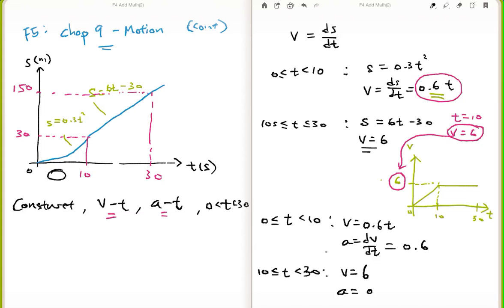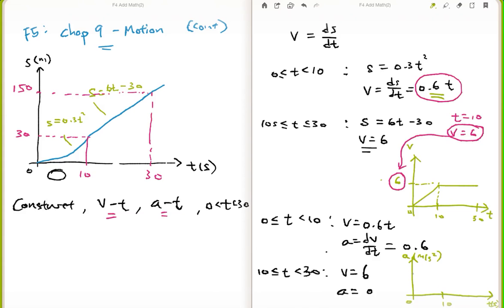Then how should the graph look? Let's try to have the same range of time. Acceleration versus time, time measured in seconds, acceleration measured in meters per second squared. When 0 to 10, the value is 0.6.